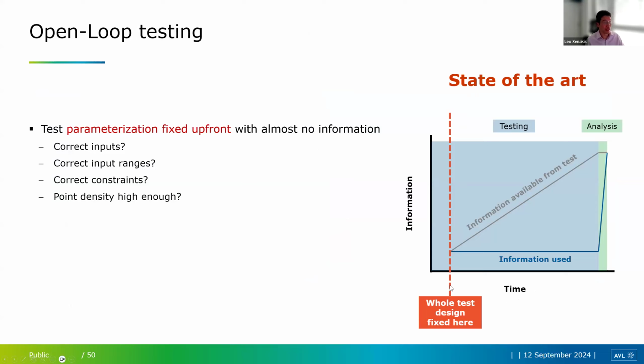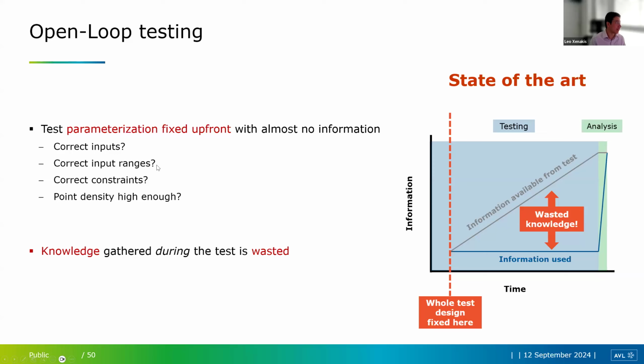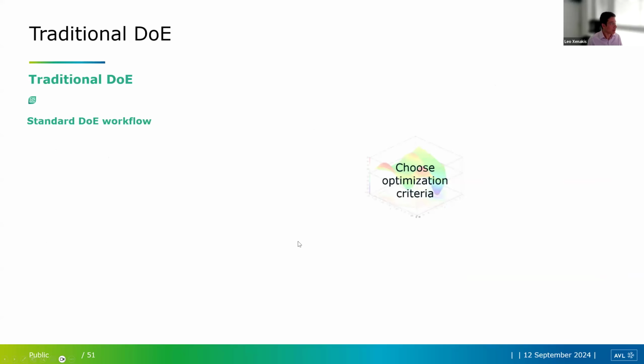You know which combination of inputs you're going to test. You'll run your test, and then in the analysis, this is where you gain a lot of the information about the behavior of what you've just tried to characterize. But this isn't a very efficient way of doing things. There's all this information that you're getting from the test, and you're not really using any of this. And so you're really unsure whether you've put the correct inputs even, or the input ranges, or whether the point density is high enough. And all this knowledge is essentially wasted.